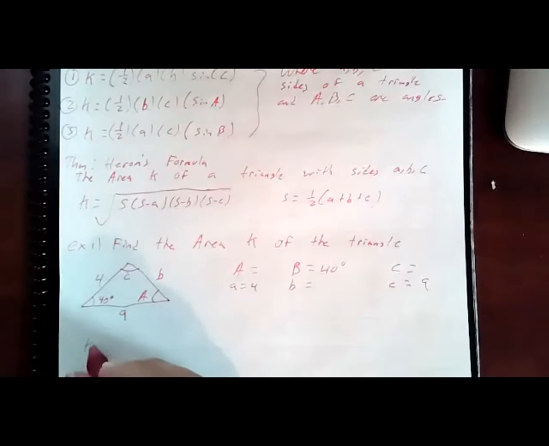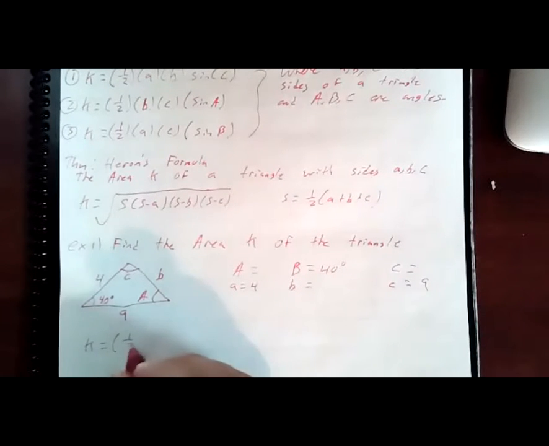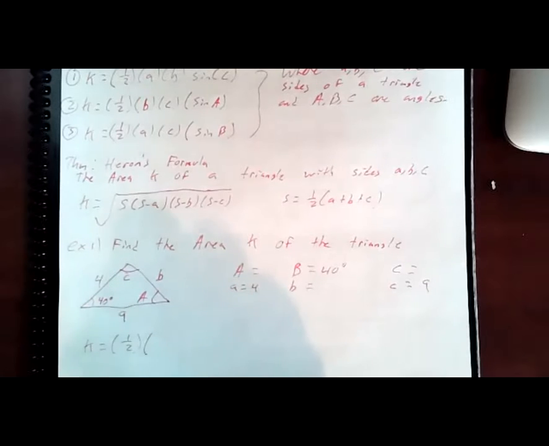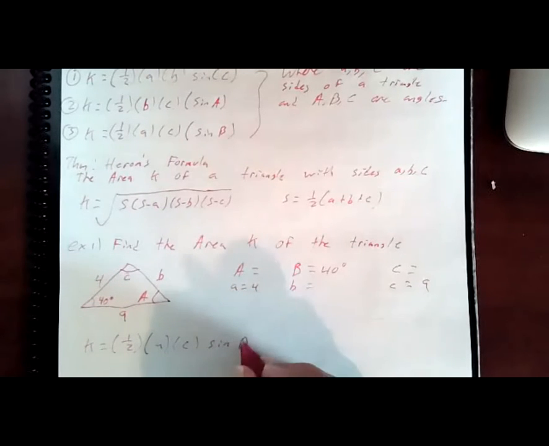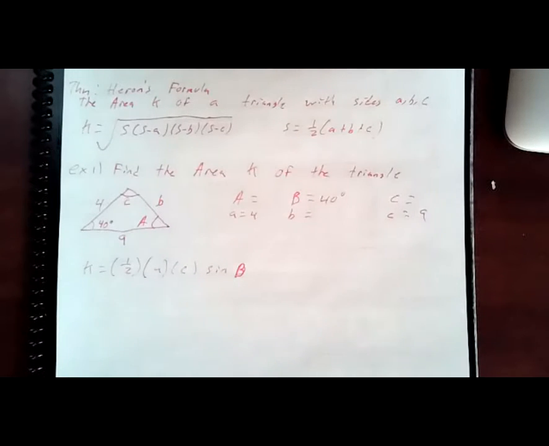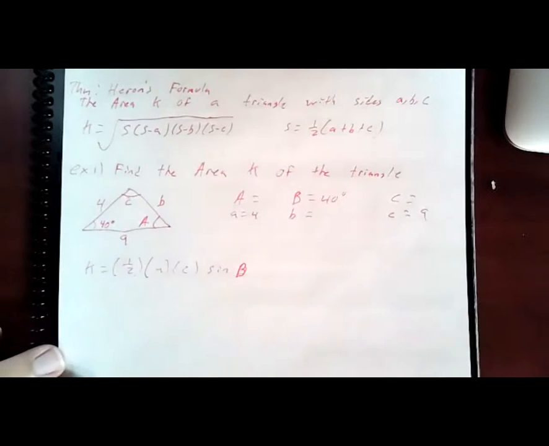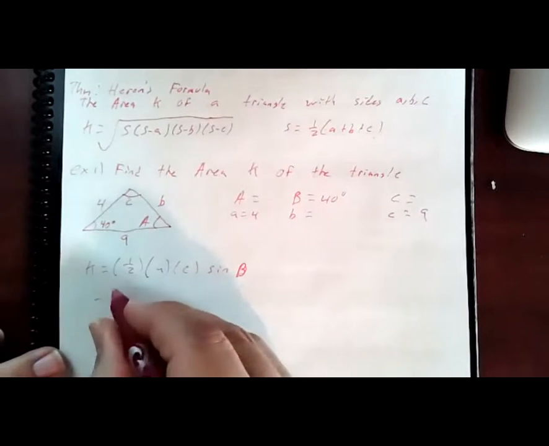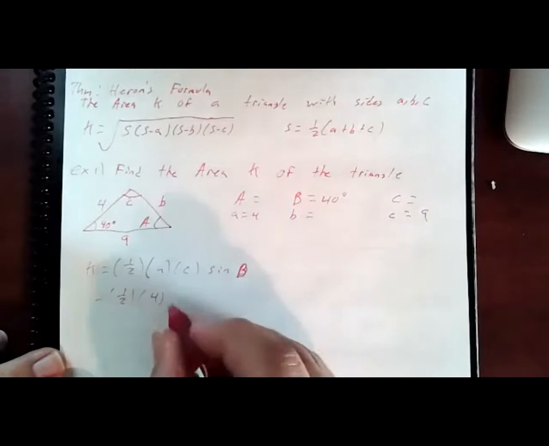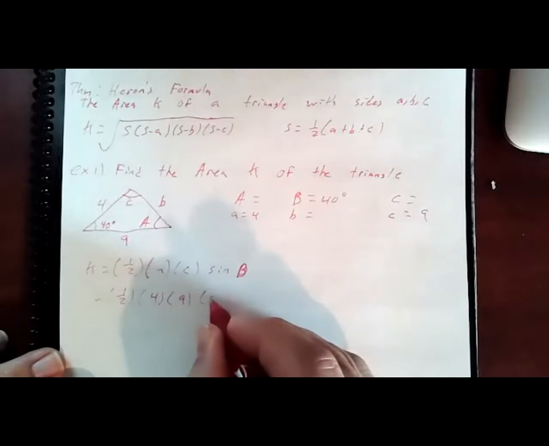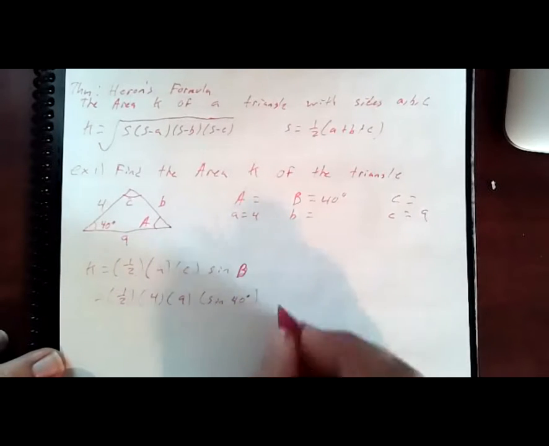I can use K equal to 1/2 times a and c, so we'll use a c sine B. Just plug it in and you're done. That'll be 1/2 times 4 times 9 times sine 40. And that's it. Nothing else to do.